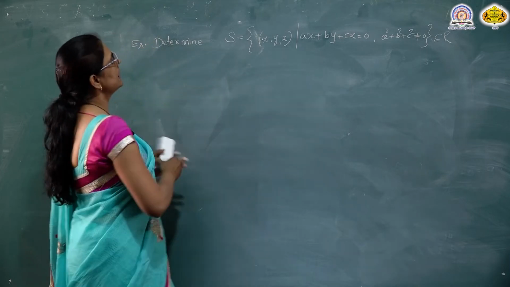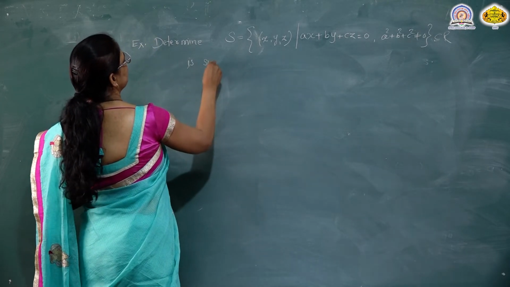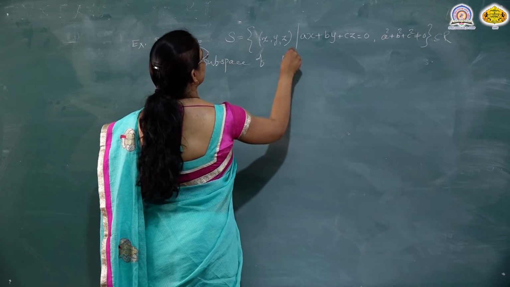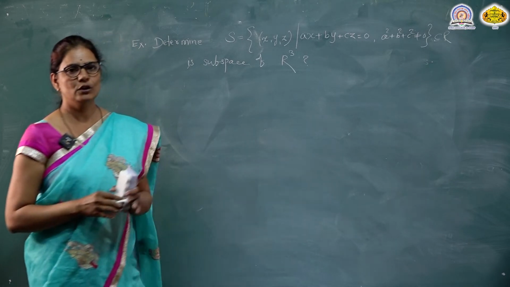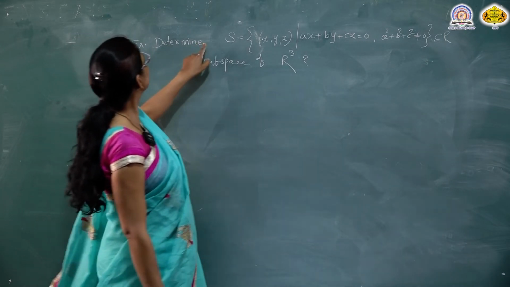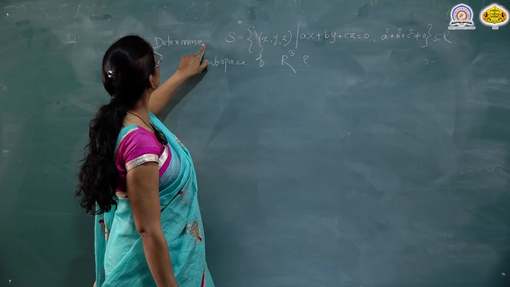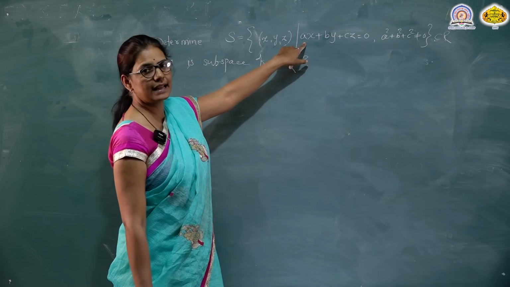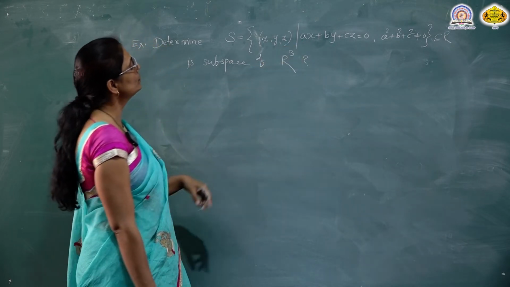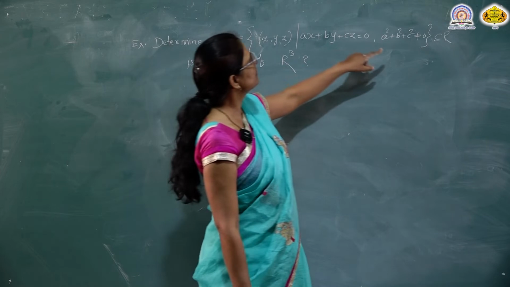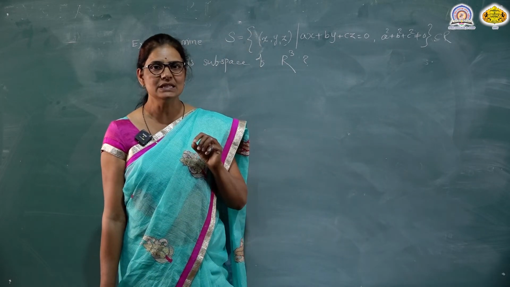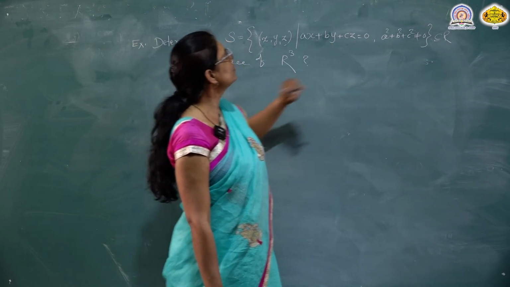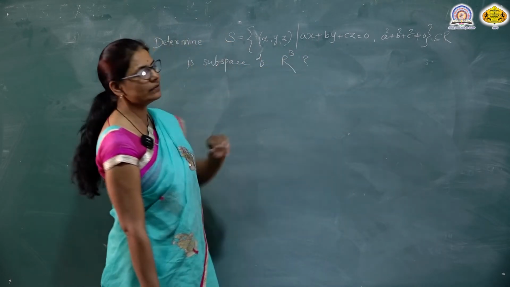Determine whether S is a subspace of R3 or not. Here S is equal to the set of all triplets x, y, z such that ax plus by plus cz equals 0, where a square plus b square plus c square is not equal to 0, meaning a, b, c are not simultaneously 0.